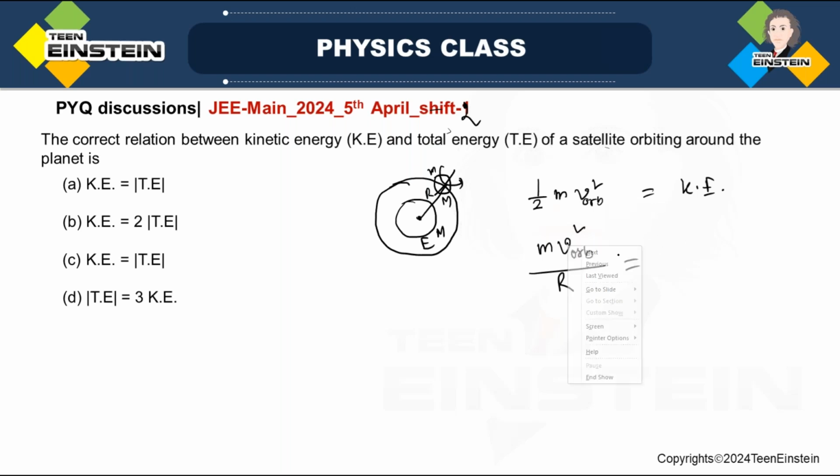The gravitational force is supplying the centripetal force for the circular motion of the satellite, isn't it? So G capital M small m by r square.